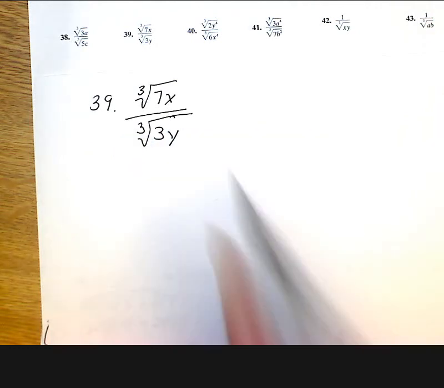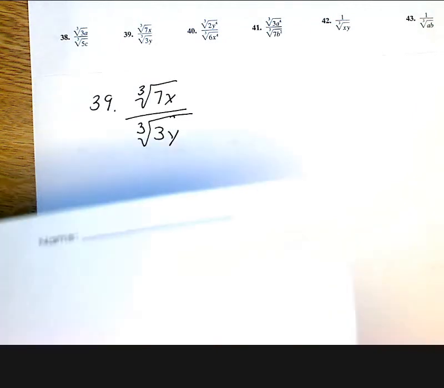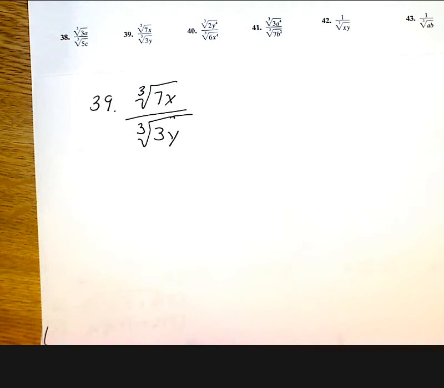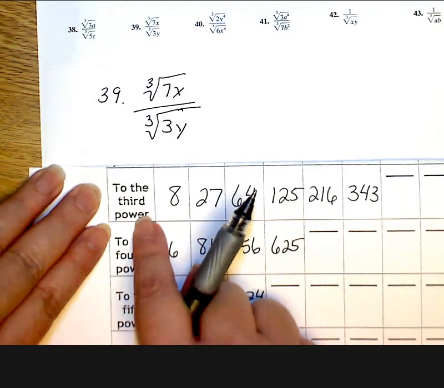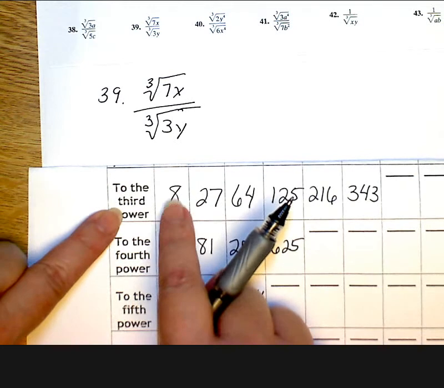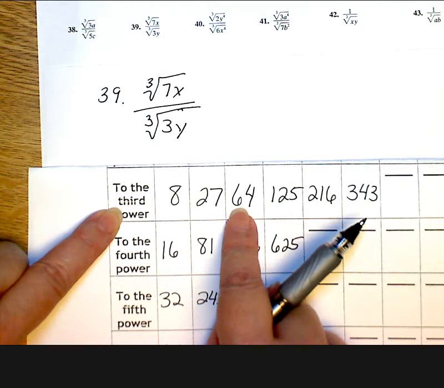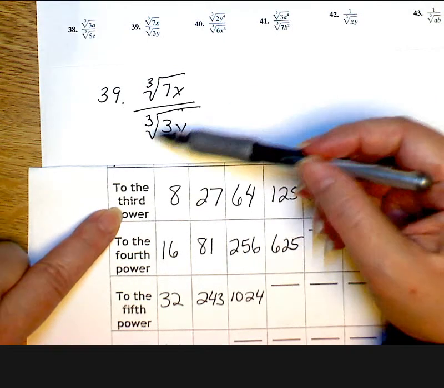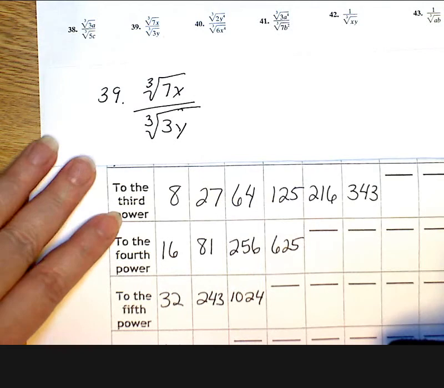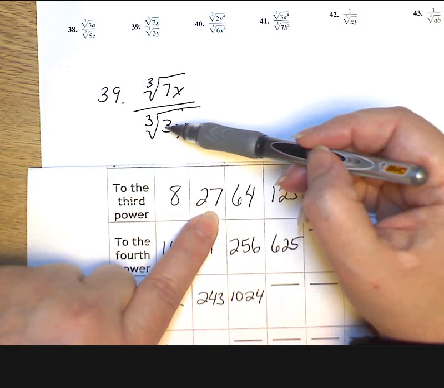I do have a few of these up here, so if anybody needs them, they can take some and I'll make more copies if I need to. So I need a perfect cube. So I'm looking at my third row and I'm looking to see what 3 goes into: 8, 27, 64, 100, and the lowest one. So what does the 3 go into? 27. So you have to ask yourself, what times 3 gives me 27?